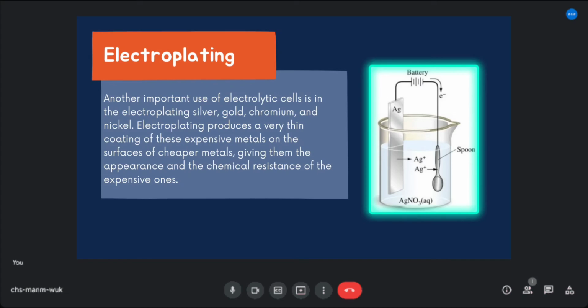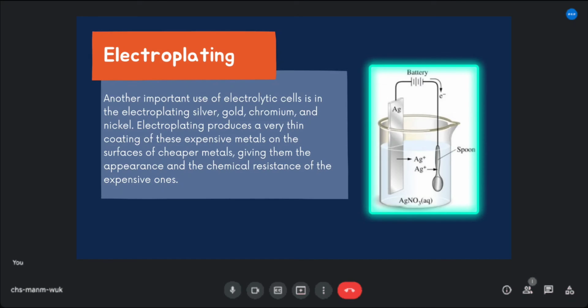In silver plating, the object to be plated, a spoon for example, is used as the cathode. A bar of silver metal is used as the anode, and the electrolyte is a solution of silver cyanide. When this arrangement is connected to the battery, electrons flow into the cathode where they combine with silver ions from the electrolyte to form silver atoms.